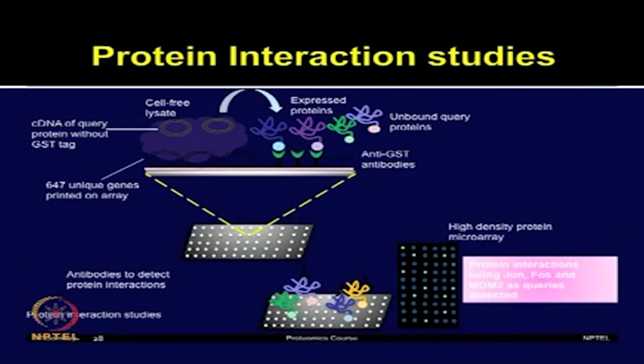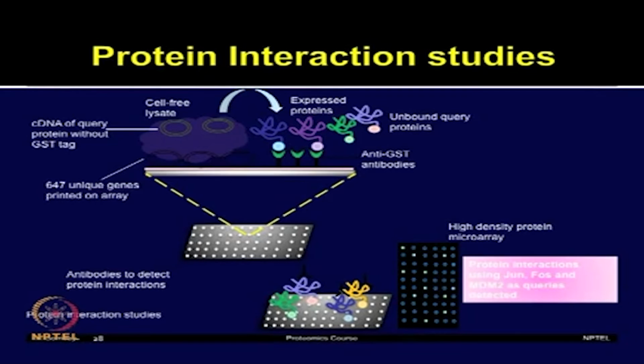Selective binding to these interactions was identified by using specific antibodies. In protein interaction studies, one thing that becomes very tedious is testing the interaction in both directions. For example, if one is testing the Jun and Fos interaction, it should work either way.